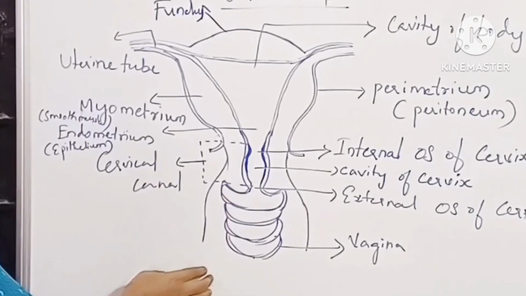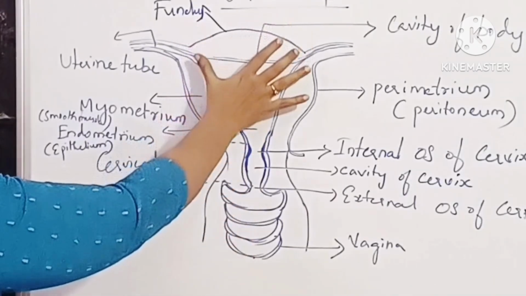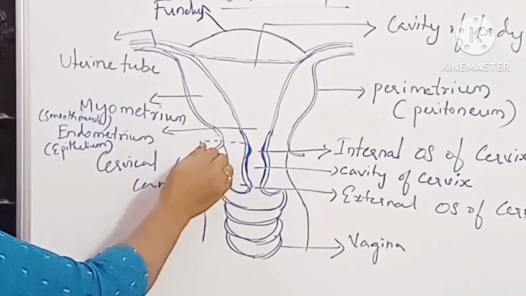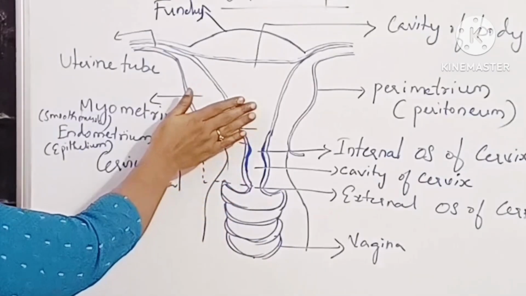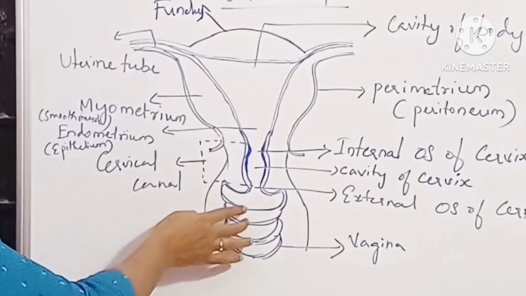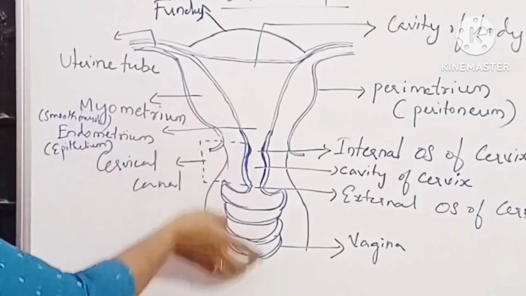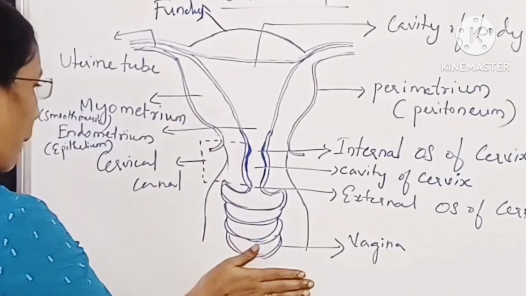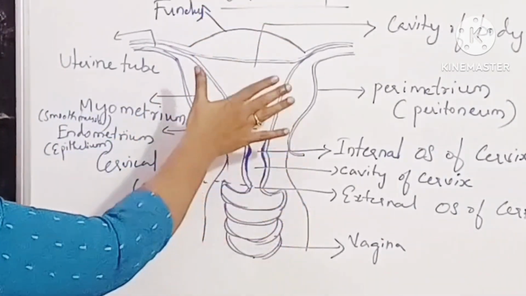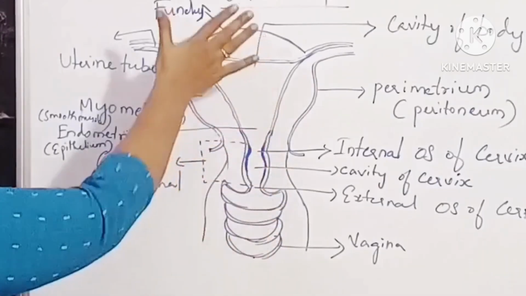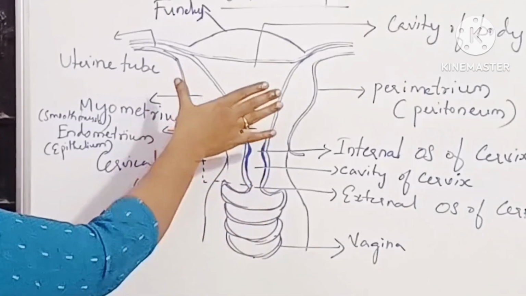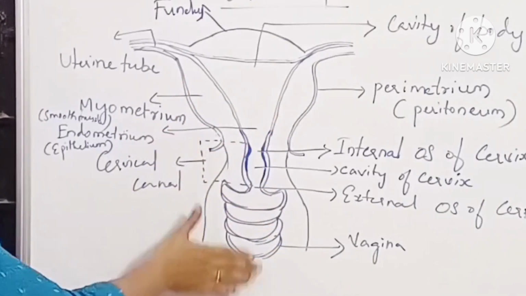The upper body is straight towards the front, and anteflexion is bent forward to the front, almost towards the vagina. When the body is in an upright position, the uterus is almost horizontal.